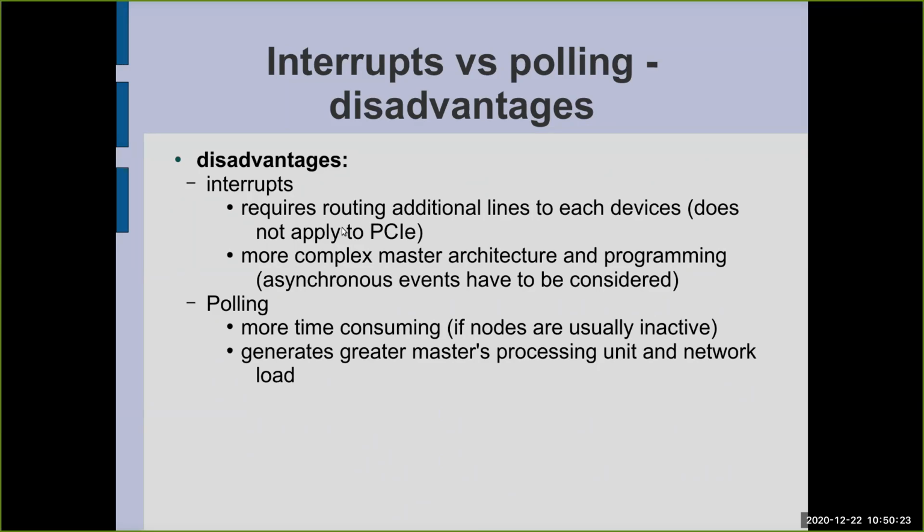In PCI Express there are some interrupts which are solved in a different way, but let's assume that interrupt means that we need an additional line. And the second disadvantage is that the architecture of the master is much more complex.